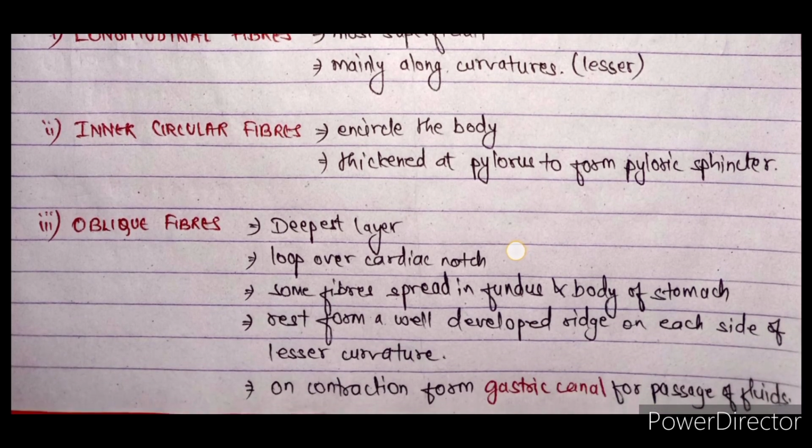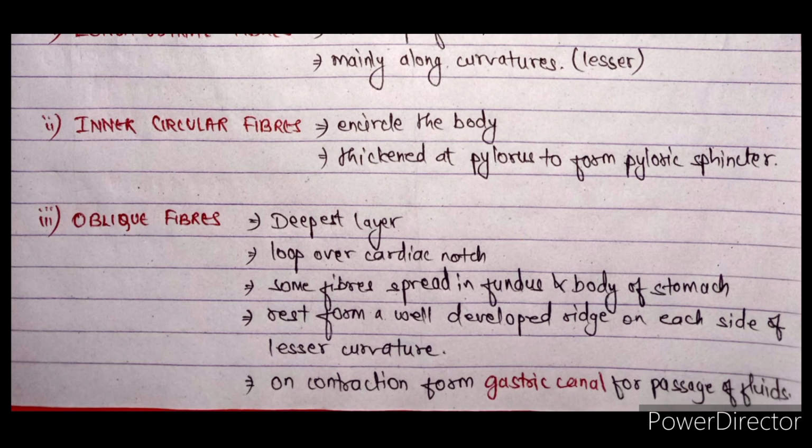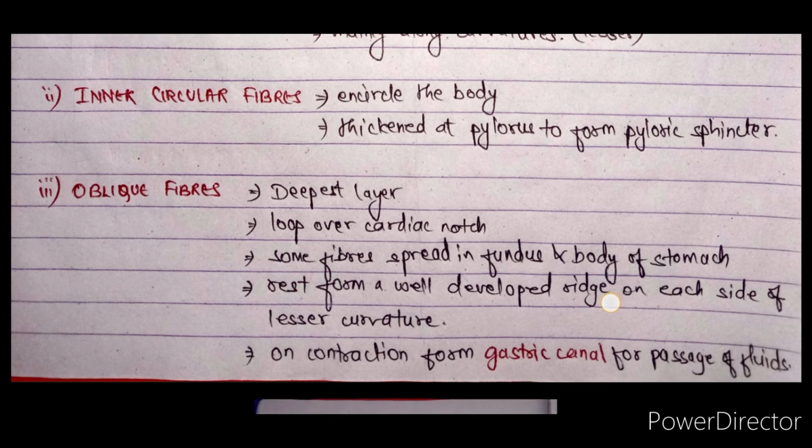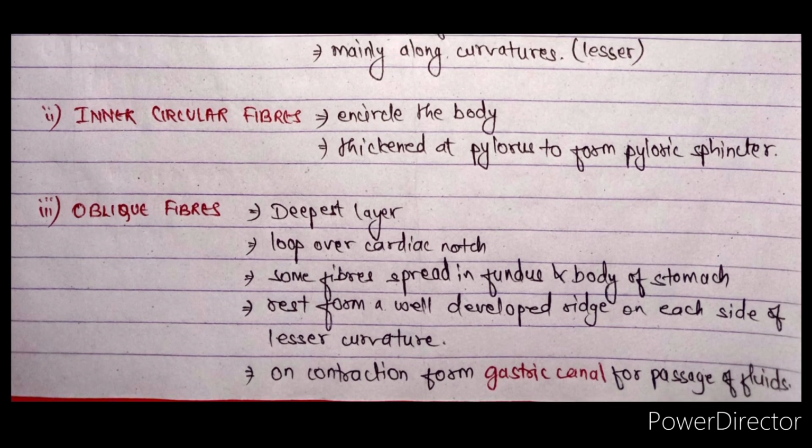And next one is oblique fibers. Oblique fibers are the deepest layer. They loop over the cardiac notch. Some fibers spread in fundus and body of the stomach. The rest form a well-developed ridge on each side of lesser curvature. On contraction, it forms gastric canal for passage of fluids.